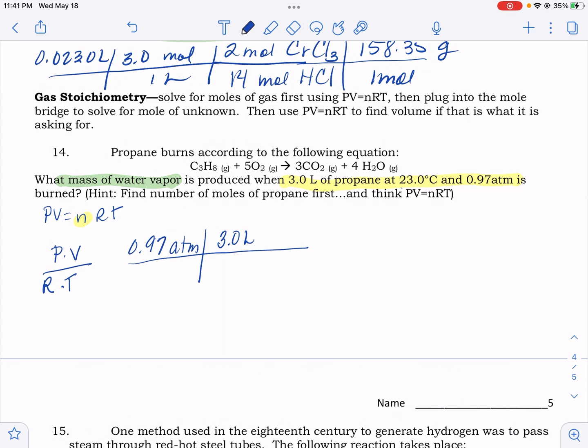The temperature is 23 degrees Celsius. But wait, don't forget we have to change it to Kelvin. So we're going to divide by 296 Kelvin, and then the value for R, 0.0821 liter atmospheres over mole Kelvin. Kelvins cancel, liters cancel, atmospheres cancel. And that will give us an answer in moles.